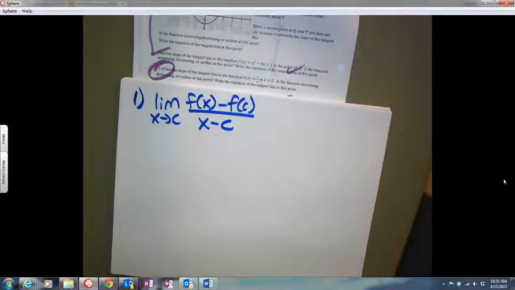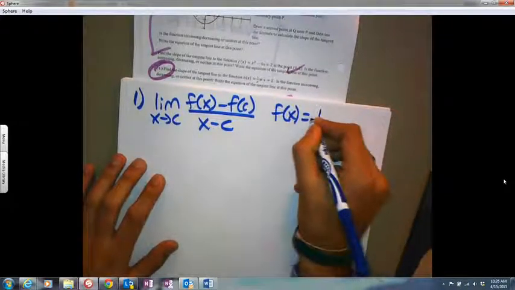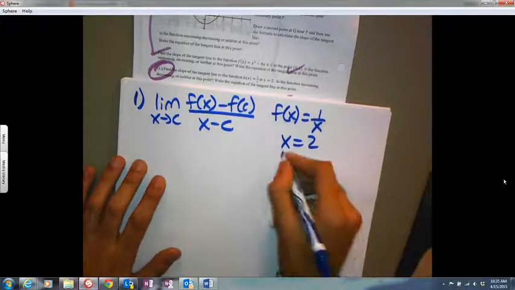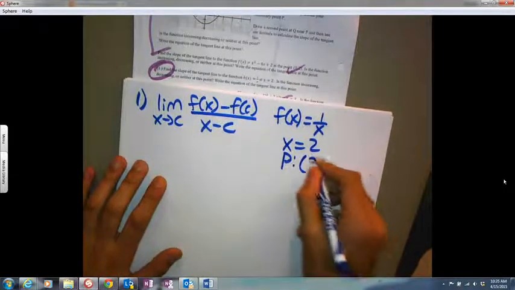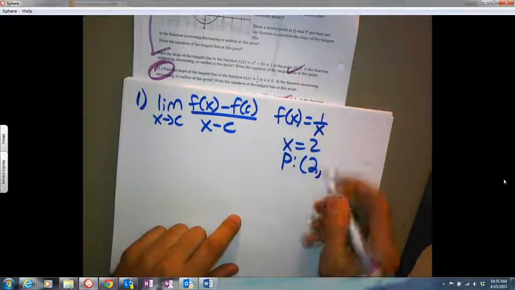And they said f of x, which is the same as h of x, a different letter, is 1 over x, and x equals 2. So point P that we've always been talking about has an x-coordinate of 2 and a y-coordinate of 1 over 2, so 1/2. Plug in 2 for f of x.